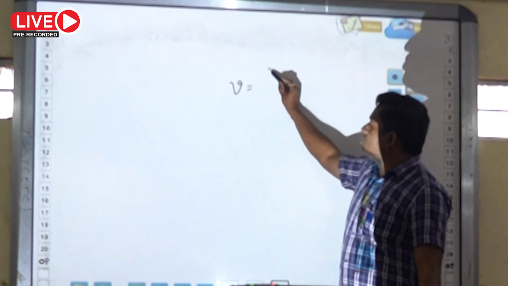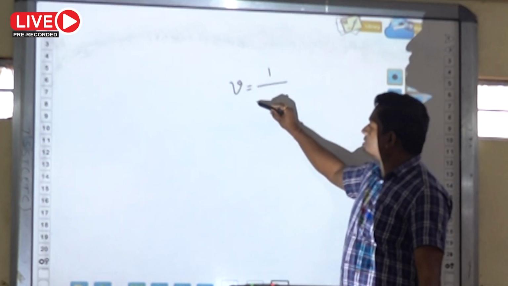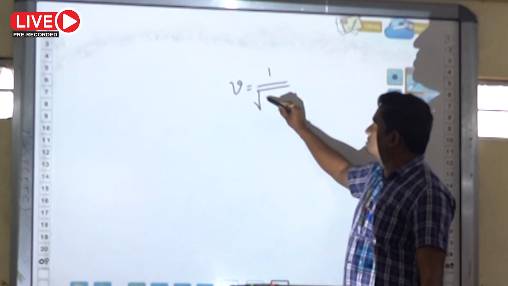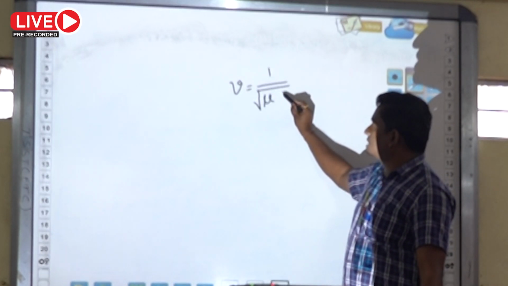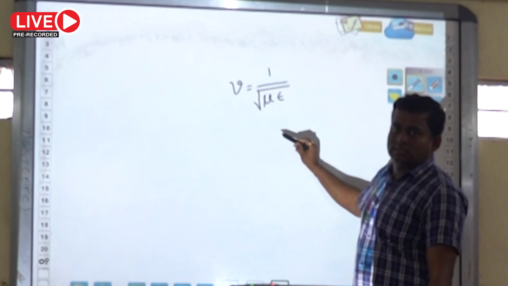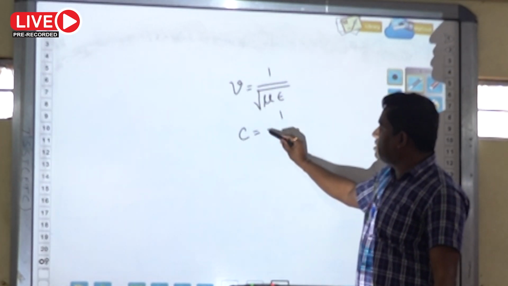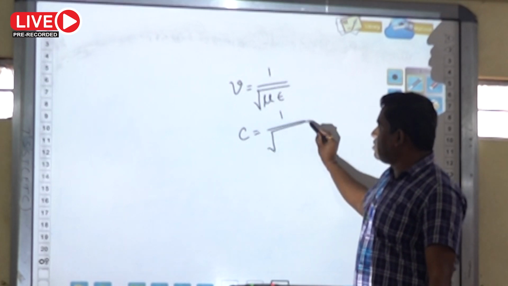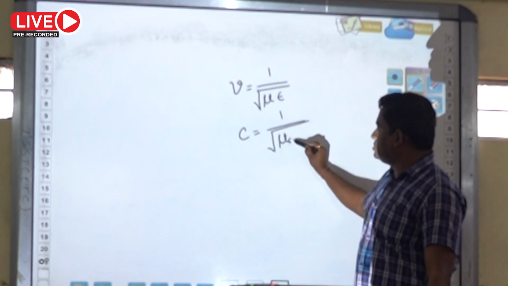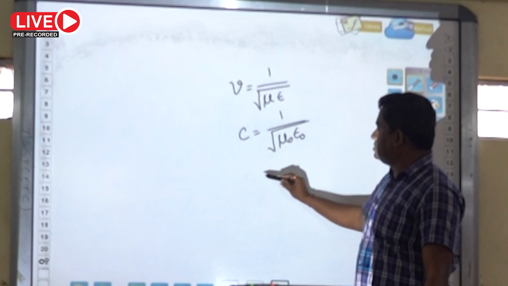V equal to 1 by root over mu epsilon. C equal to 1 by root over mu naught epsilon naught.